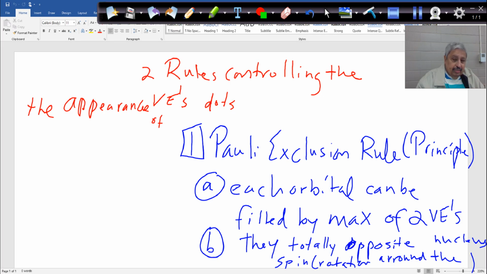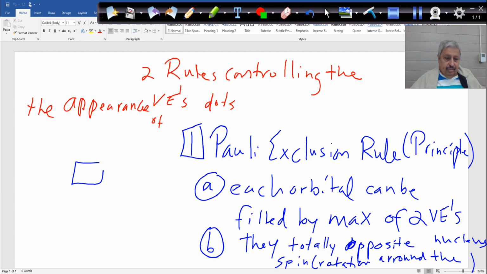In each orbital. Did we go through the orbital diagram? Yes, I think we did. Correct? The orbital diagram in the first quiz, I think. Yes. So whenever I write any box, for example, let's just remember this one here.